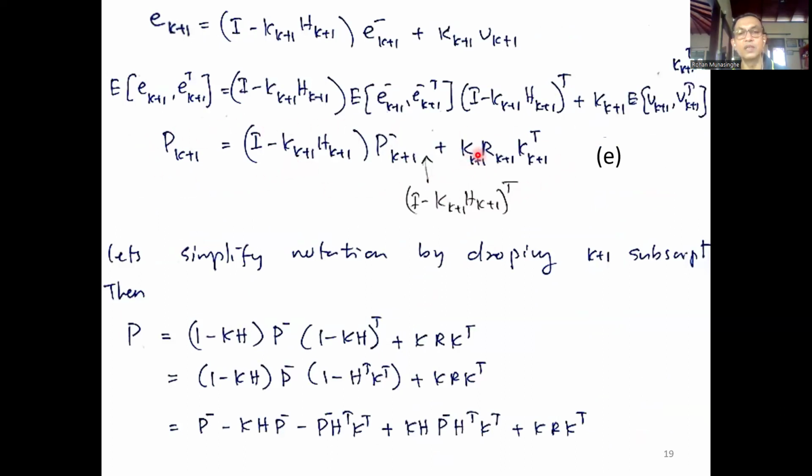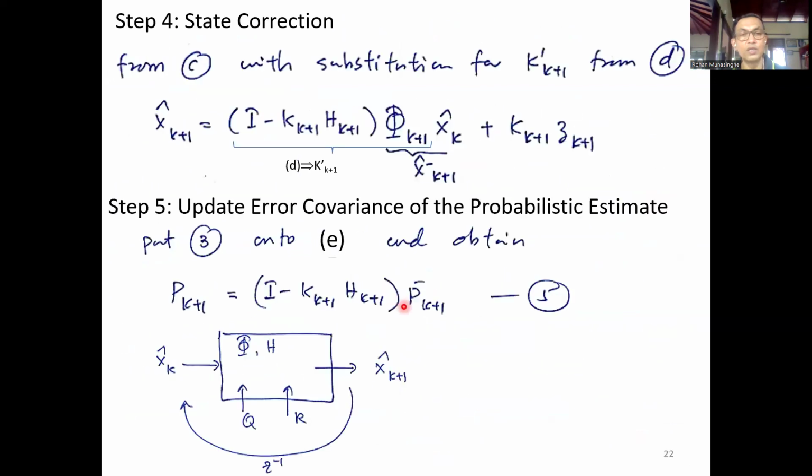Replace this Kalman gain k plus 1 here and here, and you can actually show this relationship, that P k plus 1, the error covariance, meaning how much the filter estimate varies around the actual state, is finally this: I minus KH, P minus k plus 1.